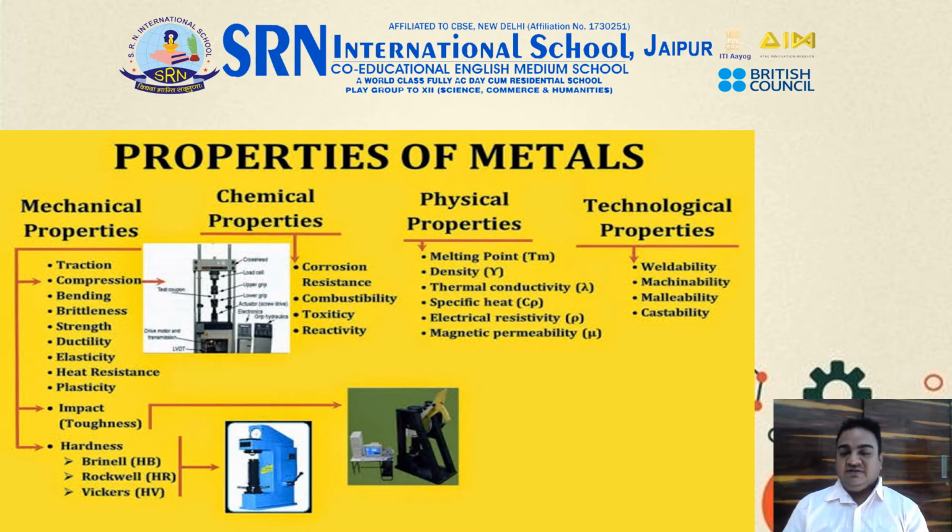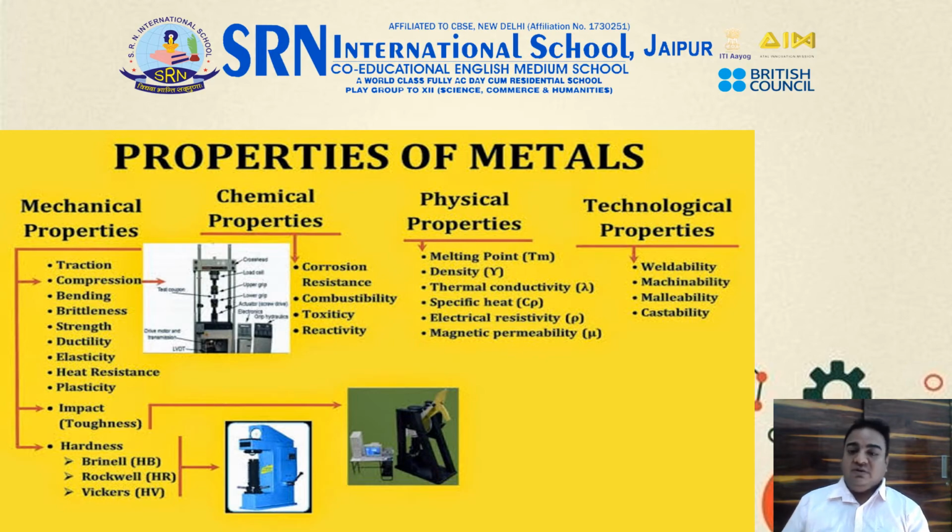Physical properties such as melting point, density, thermal conductivity, specific heat, electrical resistivity, and magnetic permeability. And some technological properties which are studied at higher levels such as weldability, machinability, malleability, and castability. Hardness of the metal can also be tested by different instruments and techniques such as Brinell, Rockwell, and Vickers, but these will be discussed at a higher level in analytical studies.